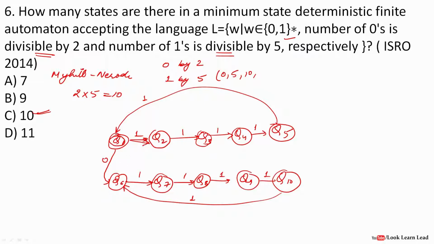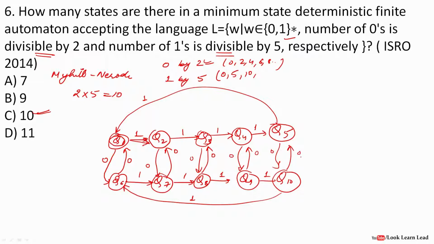When I traverse 0, that is 0 is divisible by 2, that is 0 times, 2 times, 4, 6, 8 and so on. In the same way, it would be 0 here and 0 here, the same over here. So this is our DFA. It would contain 10 states. So the answer is C, 10.